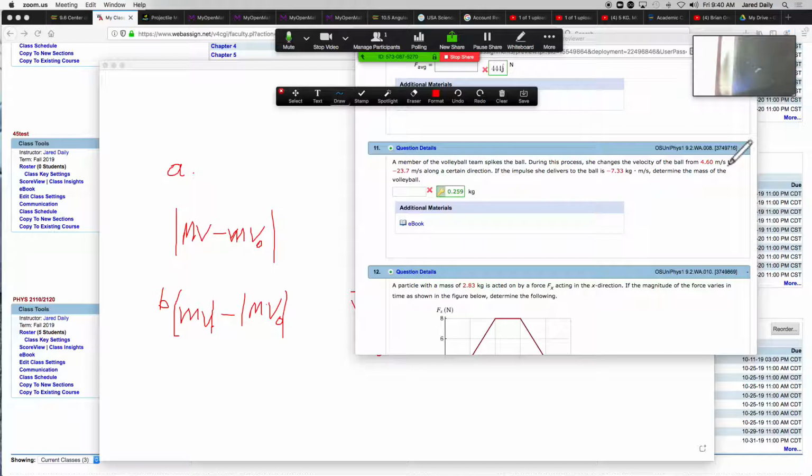So you just take this change in velocity, multiply it by m, and then set it equal to the impulse they give you, and then solve for m by dividing by the change in velocity on both sides. And you'll get the mass of the ball, 0.259 kilograms. That's about right. Half a pound. Yeah, it's about the mass of the volleyball.